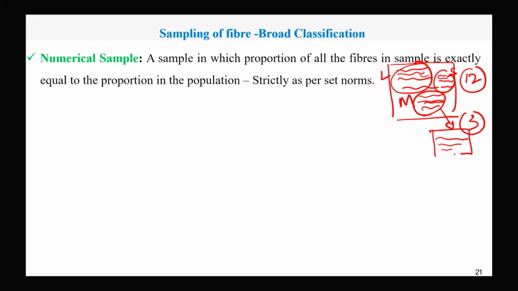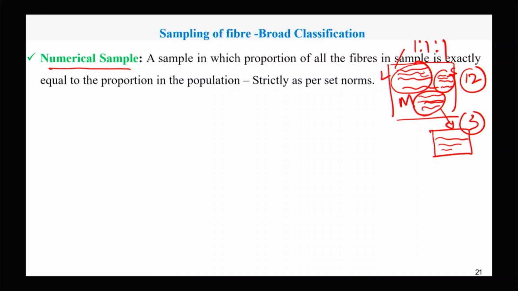That means the proportion of fiber length should be there exactly. In that case, it will be called as numerical sampling. What does it mean? So here the proportion of fibers was 1:1:1.